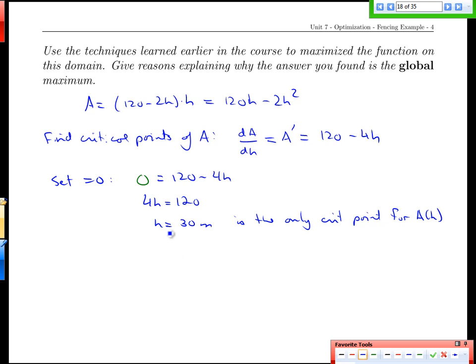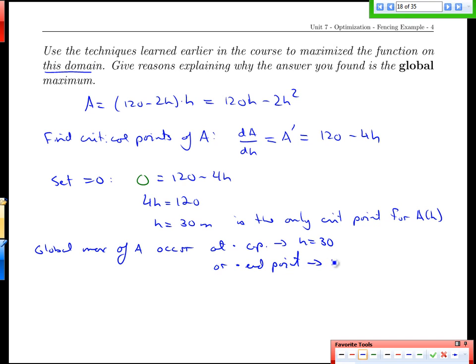So that's our critical point. We could do first derivative tests, we could do second derivative tests, but we actually have a nice limited domain. So what we can do is say that the global max of A is going to occur at a critical point or at an endpoint. And our critical point was H equals 30.